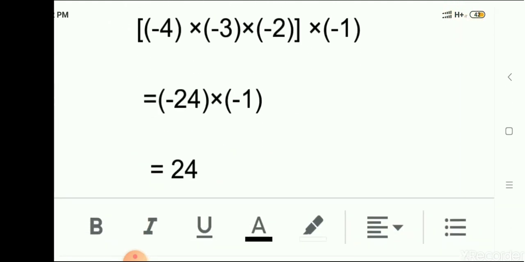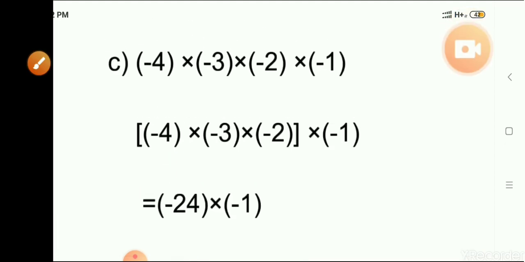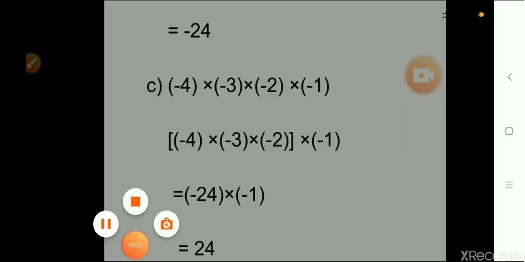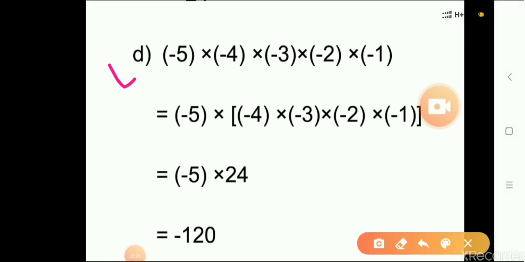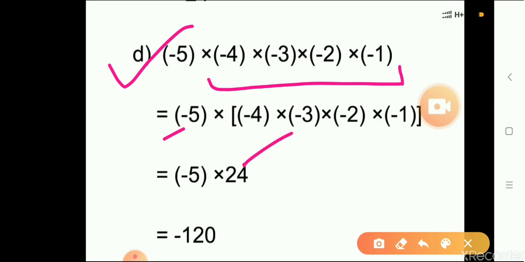Now, let us see another case. In the last case, we have taken 5 negative integers. In this, we shall pair the last 4 integers, which will be multiplied with the first integer. After solving this bracket, we will get the answer plus 24, which we have seen in our previous case.